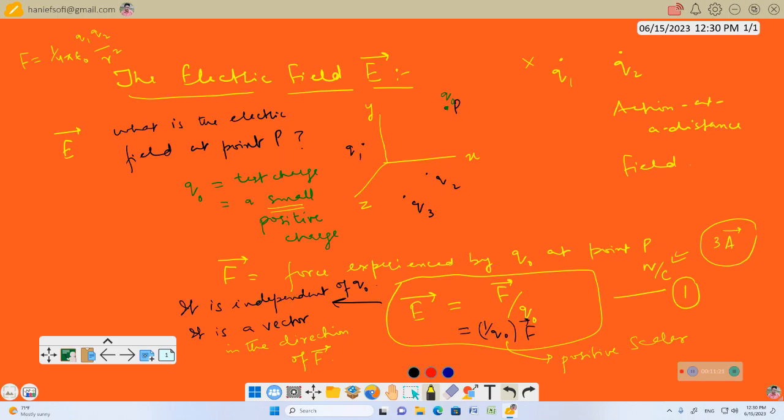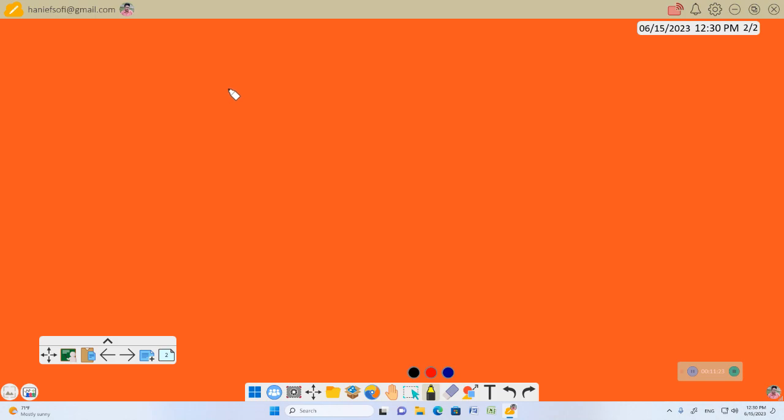So this equation 1 is more precisely written this way, where electric field is equal to F by Q naught, but we write here limit Q naught tending to 0. It simply means that your test charge should be very small, approaching 0. Why so?